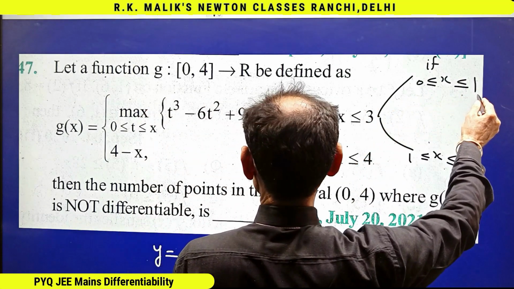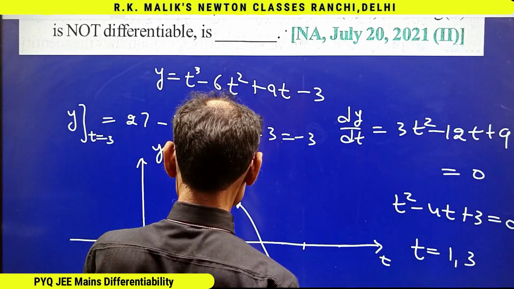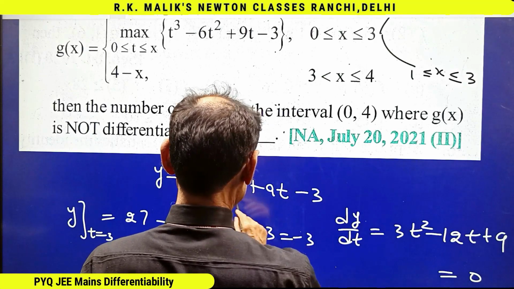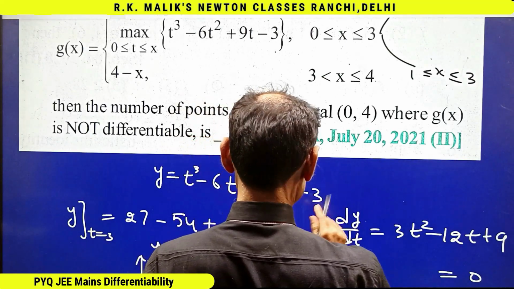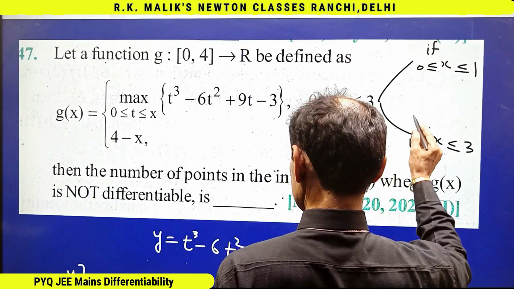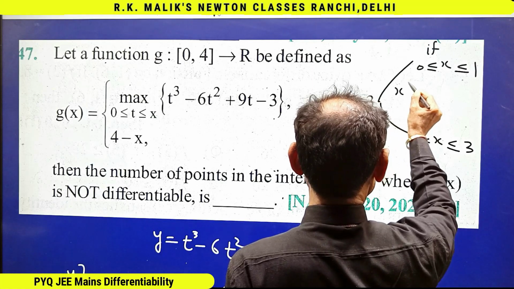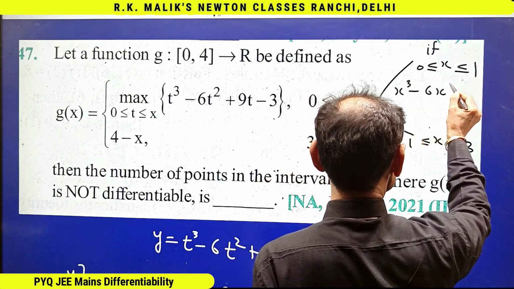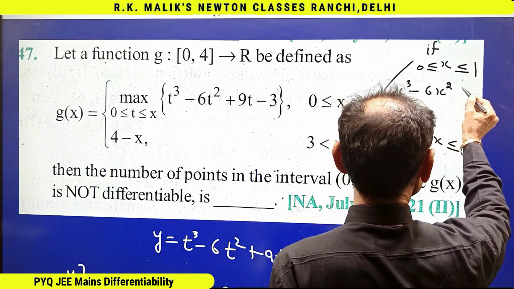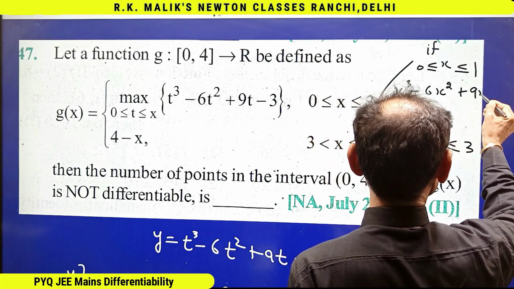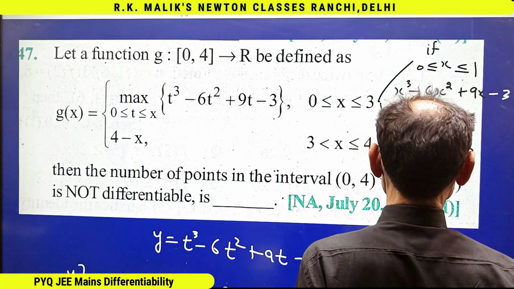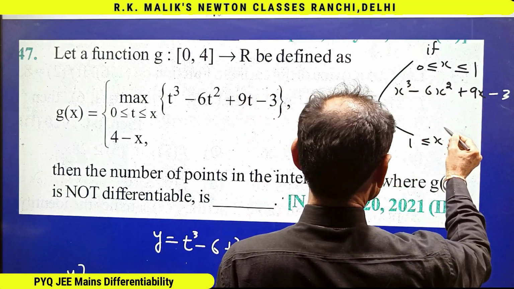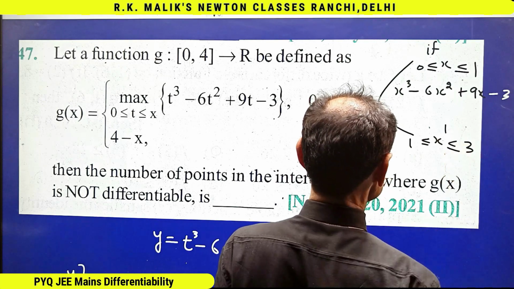For x lying between 0 and 1, as I just told, the maximum value of y will be from here, x cube minus 6x square plus 9x minus 3. And if x lies between 1 and 3, the maximum value of y is always 1.